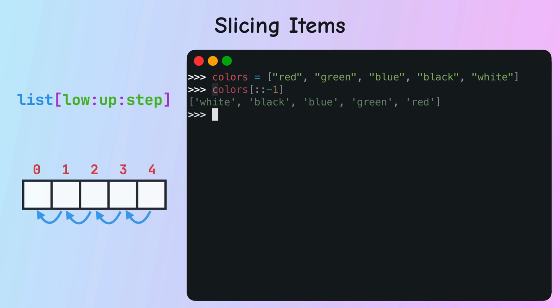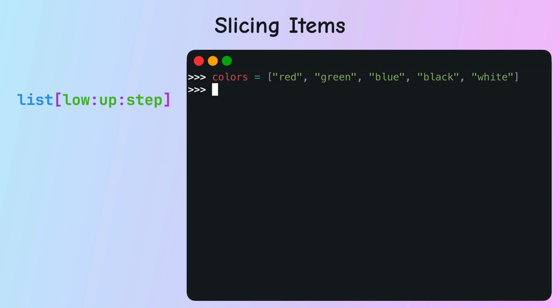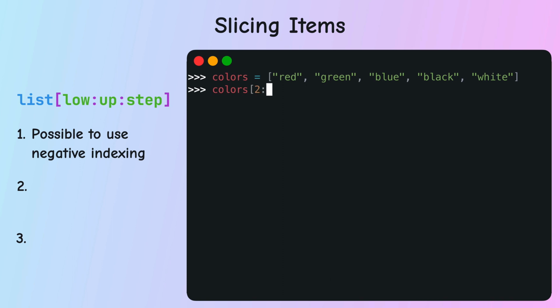There are 3 more very important things to remember about the slice operation. First, just like you can use negative numbers when accessing single items, you can use negative numbers for lower and upper bounds. If these numbers translate to a correct range, Python will give you the expected result. Second, if you use integers as arguments as expected, slice operation never throws an error, even if you use out of bound values.